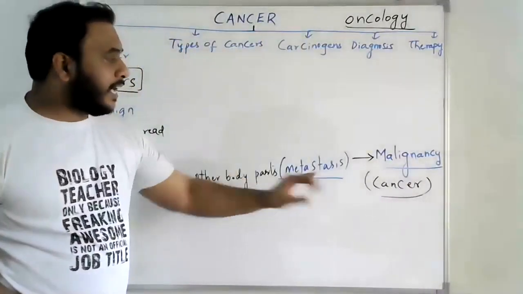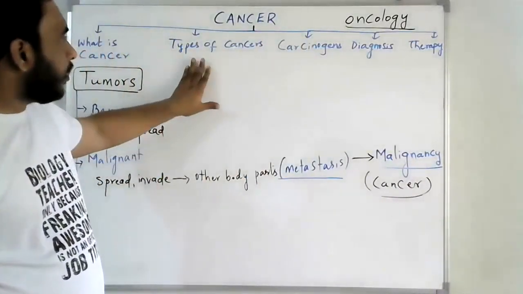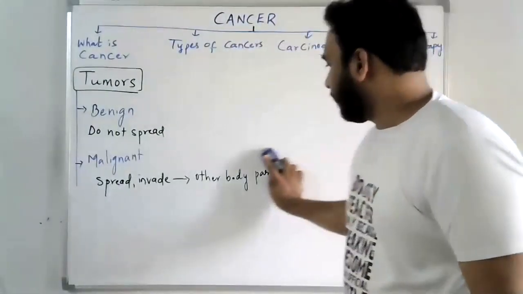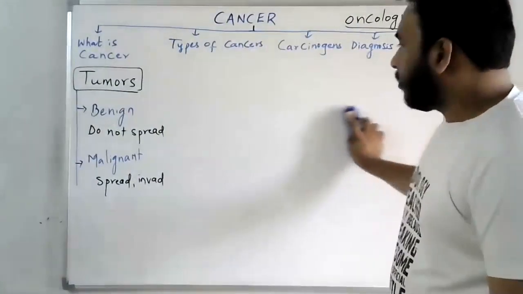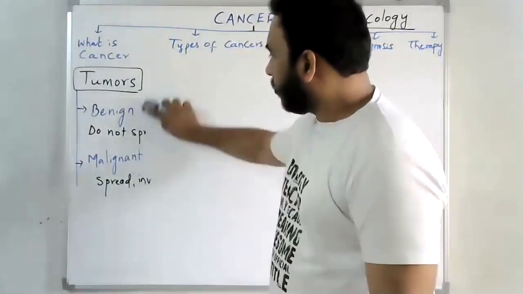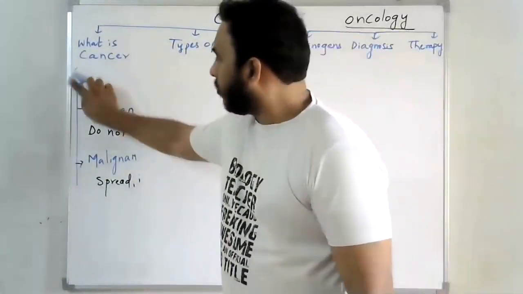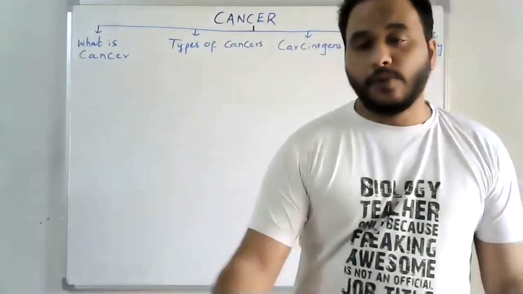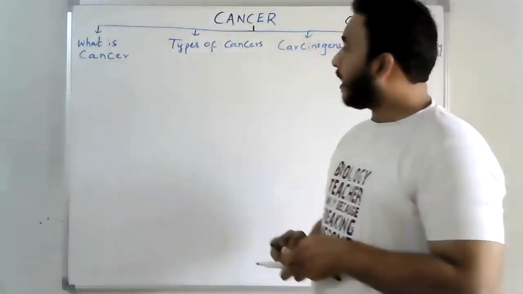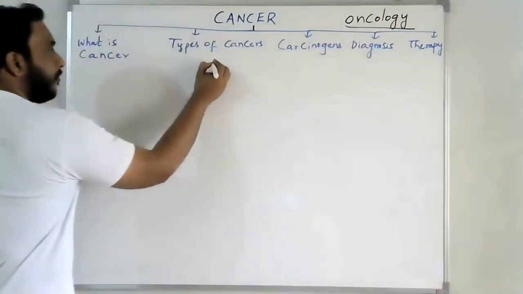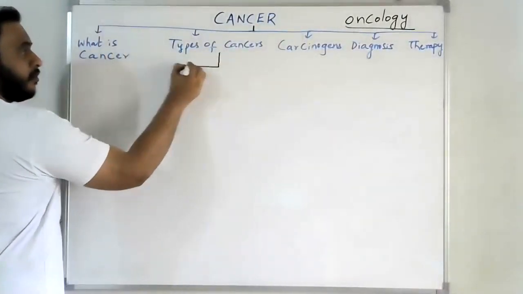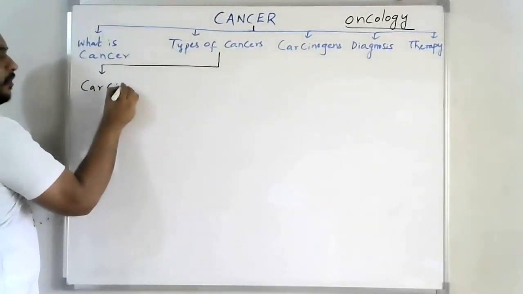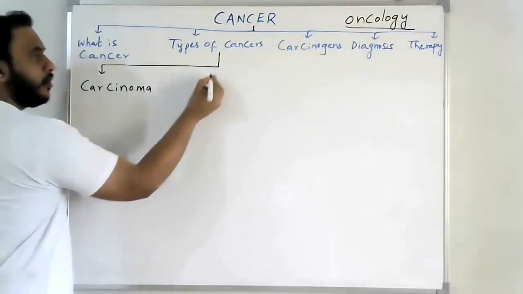So this is cancer. Now, coming to types of cancers. Cancers are classified into 5 types. First, carcinoma.